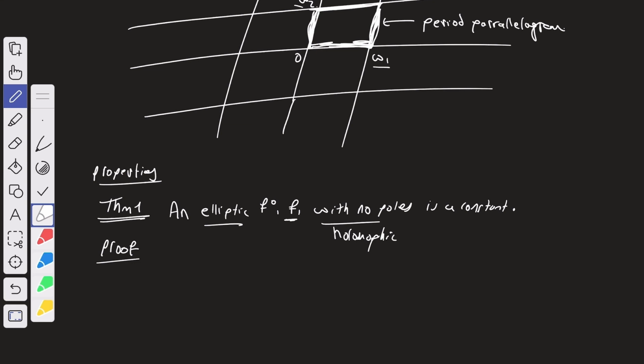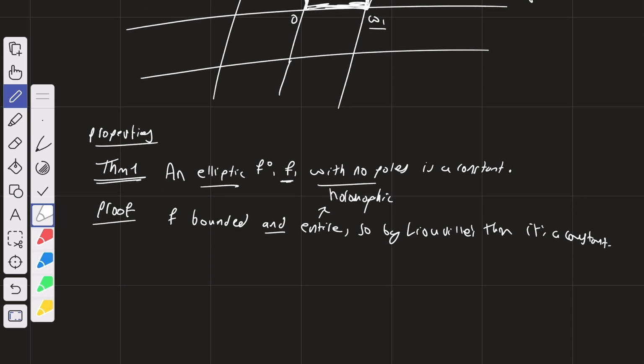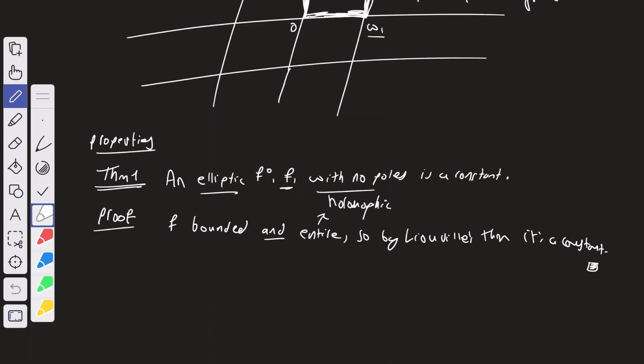And since it's bounded on the parallelogram, it's bounded everywhere because it's periodic. Its value on the parallelogram determines its value everywhere else, and hence f is bounded, and it's entire. So by Liouville's theorem, it's constant. And this completes the proof.